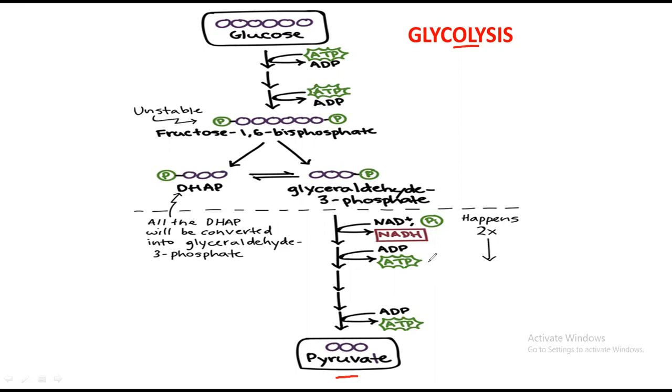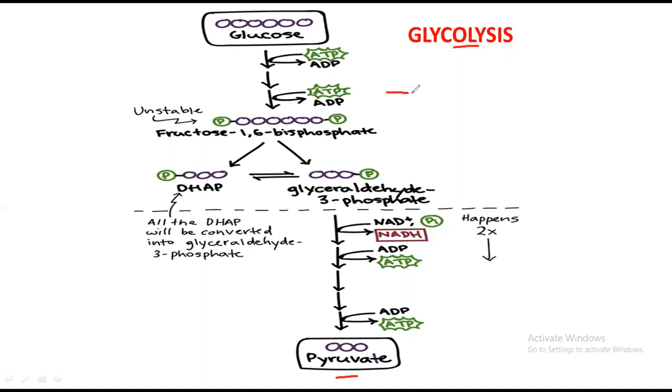Why am I showing you this glycolysis pathway? I will tell you in a minute. But first of all, keep in mind that in normal cases, when there is sufficient oxygen and there is glucose, this glucose will be converted into pyruvate.